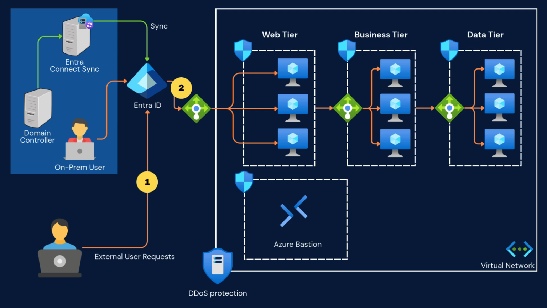And in a design like this, it often moves through multiple layers of control. Identity checks at the front door, and then layered network boundaries between the web, business, and data tiers. So the value of this architecture is not just that people can log in with their familiar corporate accounts. It's that the organization can keep its existing on-prem directory as a source of truth and then extend that identity into the cloud with Microsoft Entra Connect Sync.